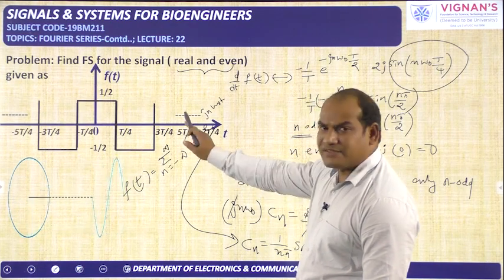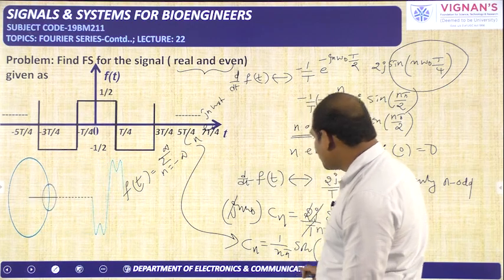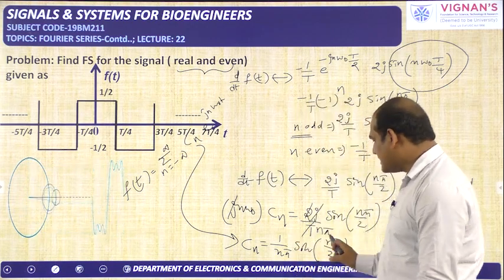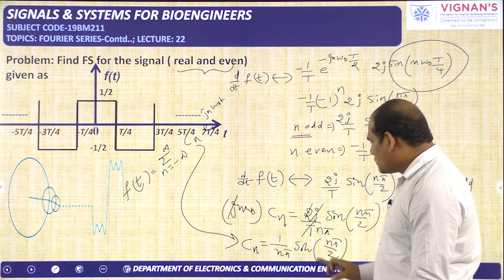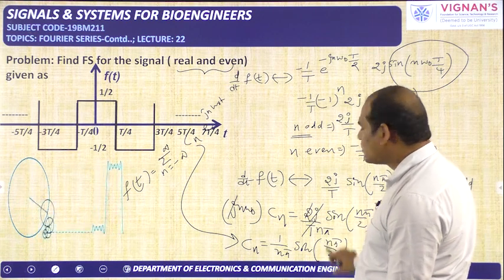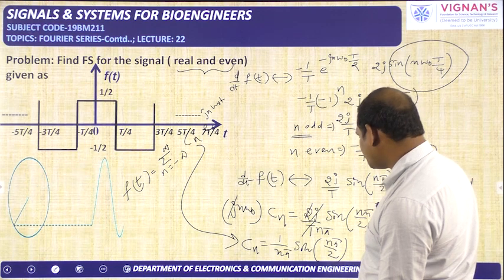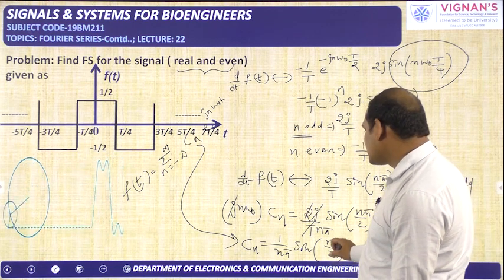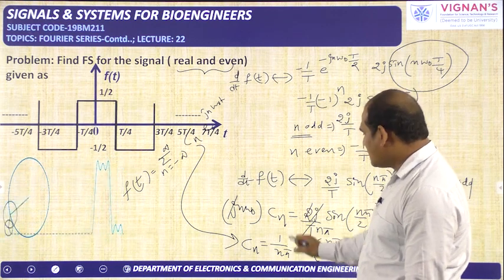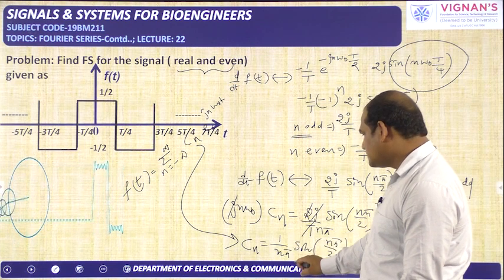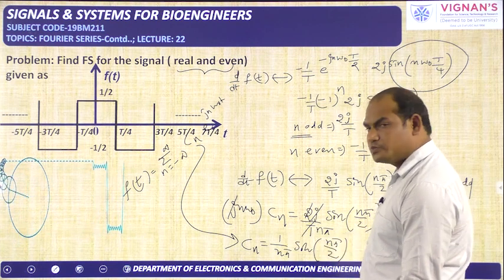For the real and even signal, what is the coefficient you got? 1 by n pi sin n pi by 2. Now calculate this by taking n as an odd number only. For example, if you take n equal to 1, what will you get? 1 by pi sin pi by 2.